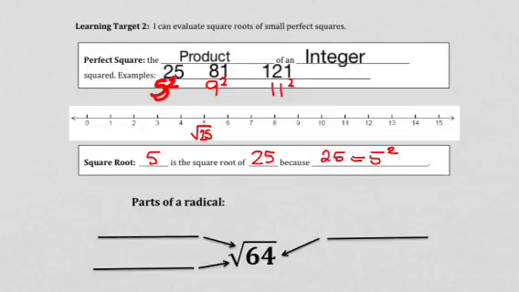Using that same thought process, we look at this example up above. 9 squared equals 81, so that means 9 is equal to the square root of 81. So we're going to add that in there. And we could also fill in the 11, because I gave you this information up here. So the square root of 121 is equal to 11.